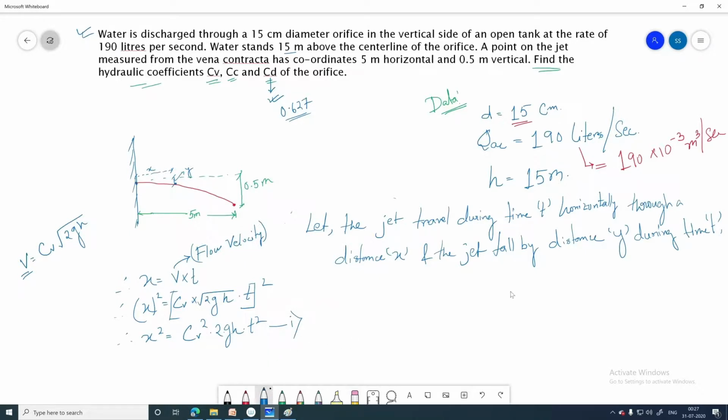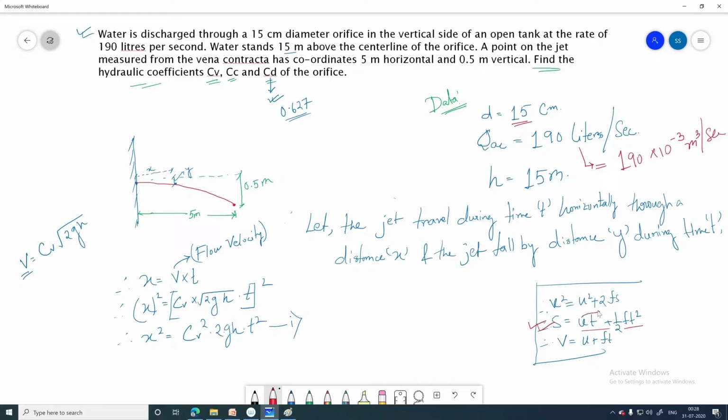Give it equation number 1. Now you are familiar with these formulas: v square equals u square plus 2fs, s equals ut plus half ft square, and v equals u plus ft. These are the formulas we already learned in 10th or 12th standard. Here we will consider s equals ut plus half ft square, the distance covered.